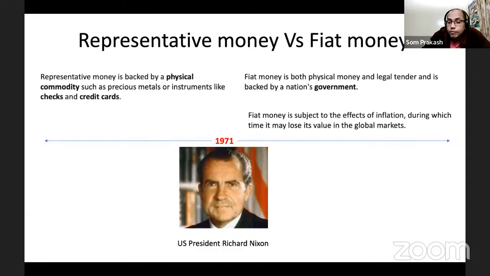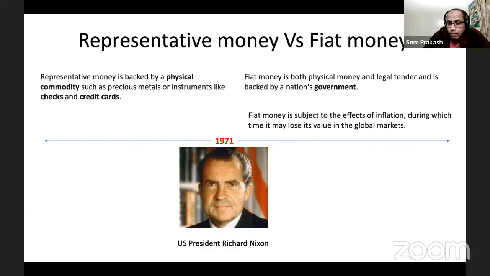because before 1971 it was called the gold standard. So that means the way government was producing or printing money, or the bank currency and notes it was printing, there was a backing of gold.